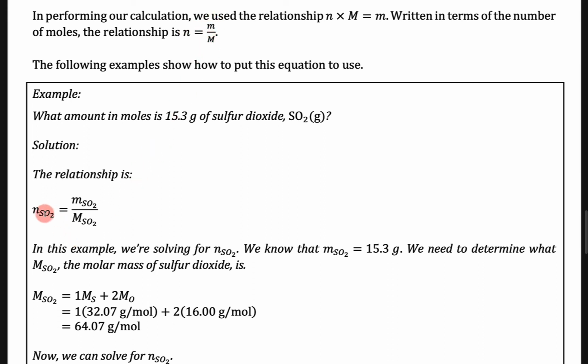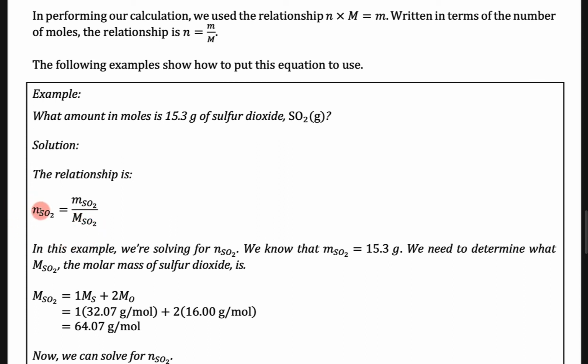Now you'll notice here that I put an SO2 subscript. So this is simply to show that the number of moles of sulfur dioxide equals the mass of sulfur dioxide over the molar mass of sulfur dioxide.